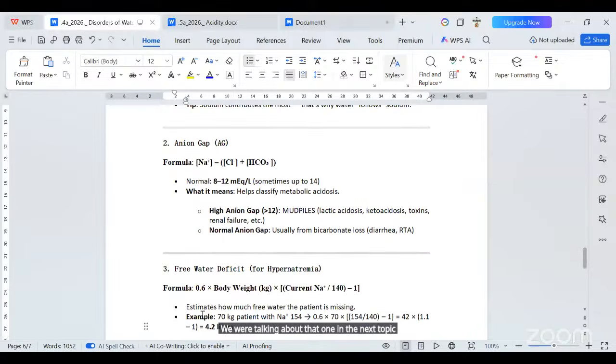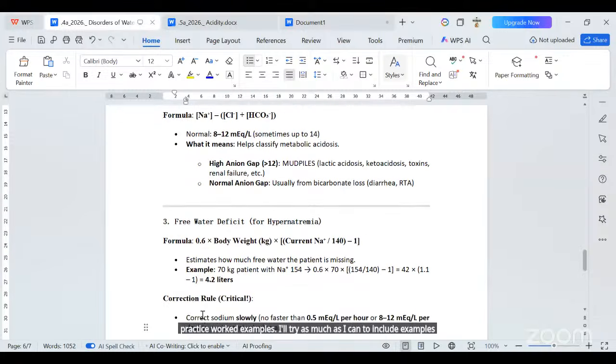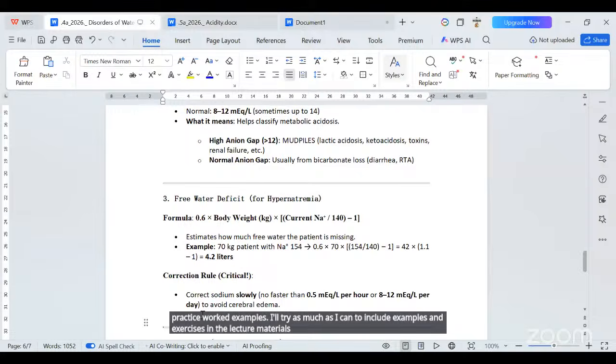So what our advice is, is that we should know these formulas. They are simple formulas. We should know them and practice worked examples. I try as much as I can to include examples and exercises in the lecture materials.